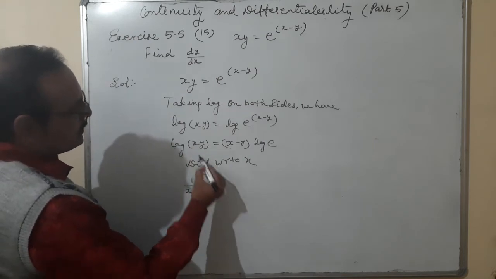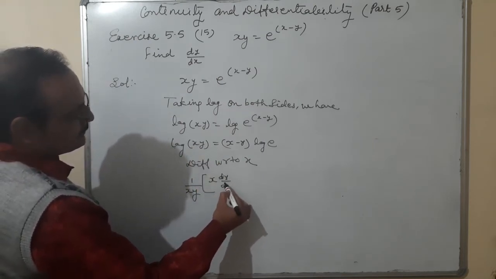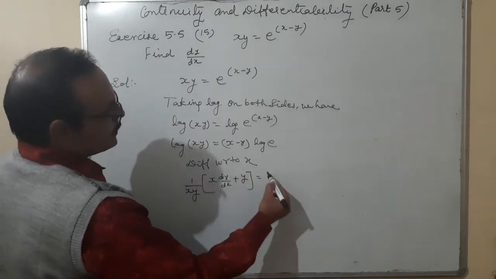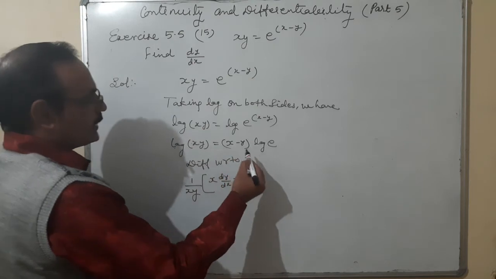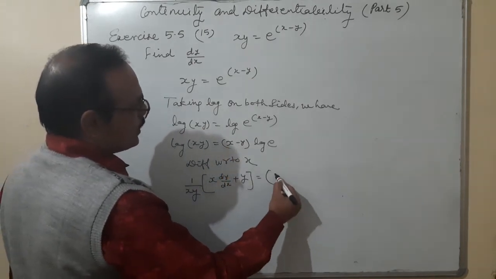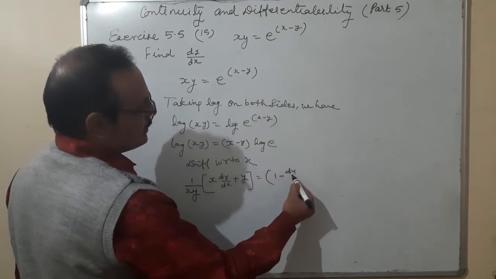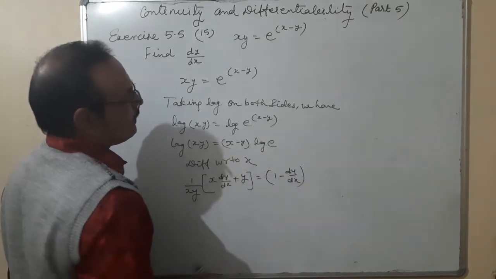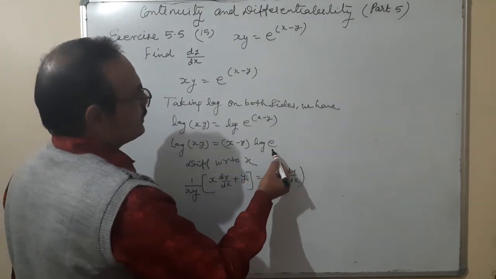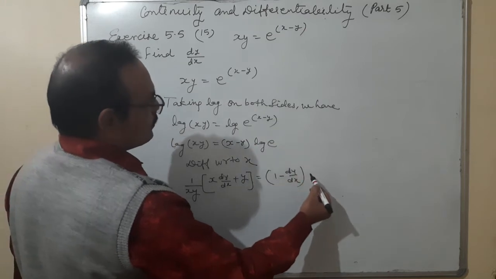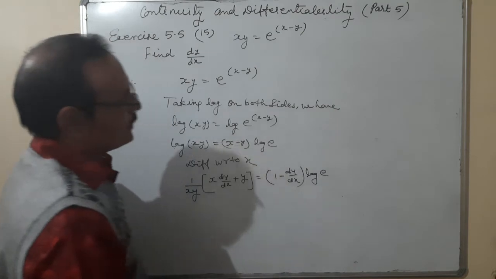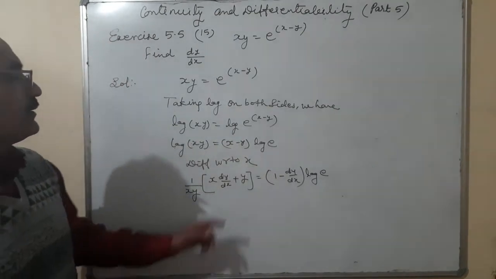First function, differentiation of second function, plus second function, differentiation of x, that is 1, is equal to x minus y, differentiation of x minus y, 1 minus dy by dx. And this is log e, base e, its value is 1.